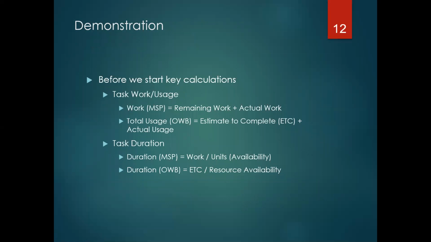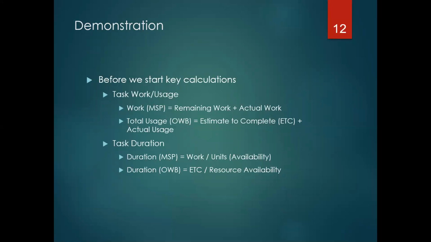the action. And I want to spend a little time on Microsoft Project, just so that if you're using MSP, you understand how that works. So two calcs. One, work in MSP, which used to be called total work, is the addition of the remaining work, what Open Workbench would call ETCs, estimate to complete, plus any actuals that have occurred.